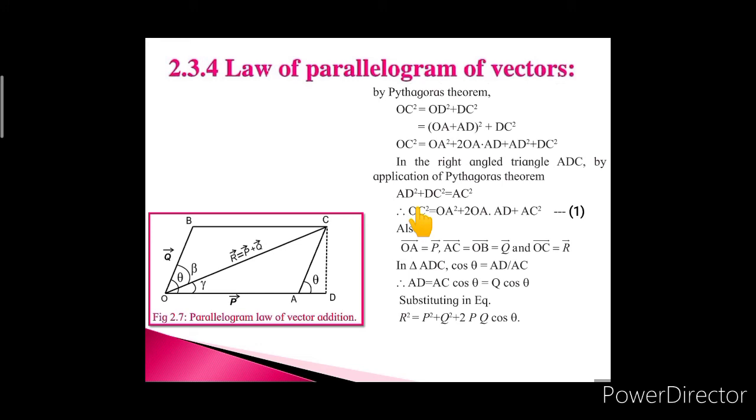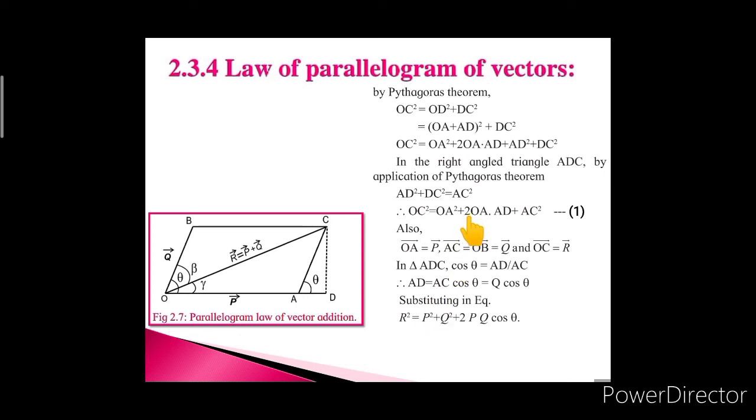OC is the magnitude of vector OC, and vector OC is equal to vector R, so the magnitude of vector OC is equal to R. So OC square is equal to R square. Then OA is the magnitude of vector P, so OA square we write as P square.